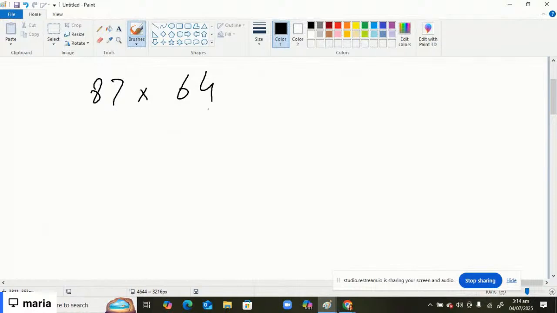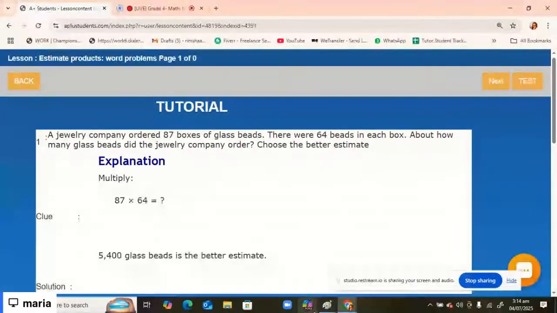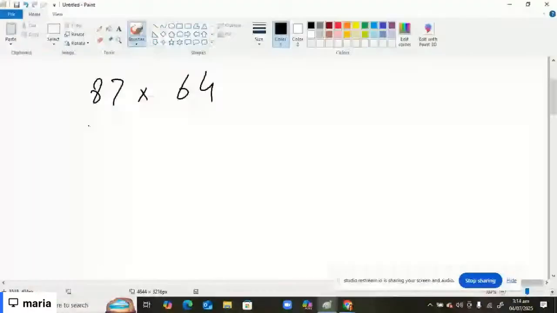So first of all, we're going to round. So 87, this should be 7, so this can be rounded up. So 8 can be changed into 9. So that is 90. Times 64 here. So 4 is less than 5.